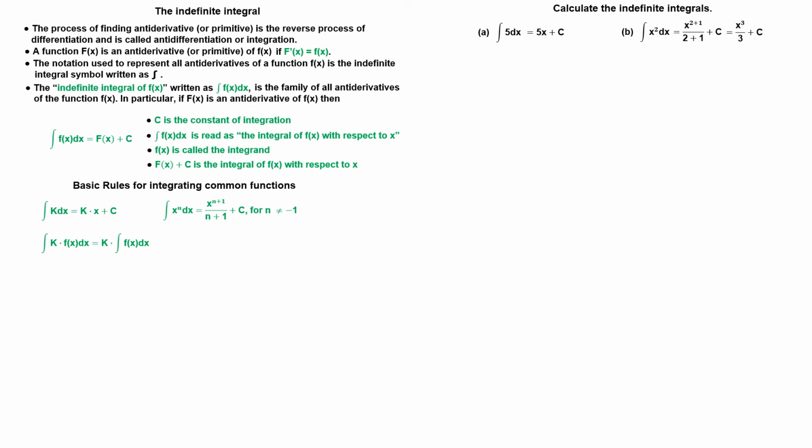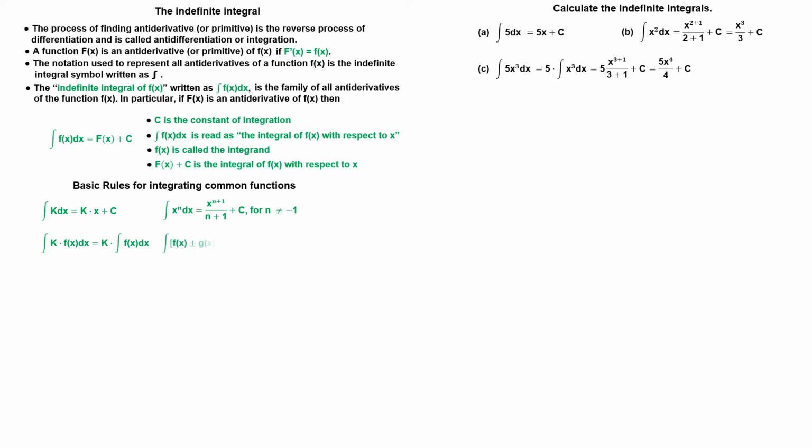The indefinite integral of 5x cubed is equal to 5 times the indefinite integral of x cubed. We now apply the power rule for integration. We add 1 to the exponent and then divide by 4. So the indefinite integral of 5x cubed is 5 times x to the power of 4 over 4 plus the constant of integration.